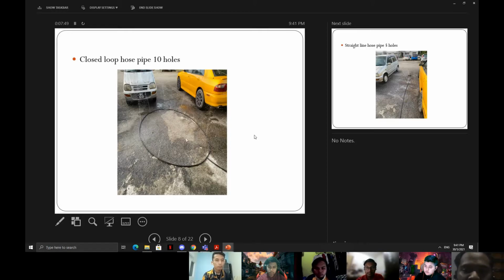The data from this experiment are taken and jotted down.